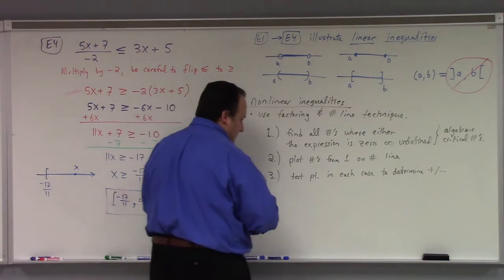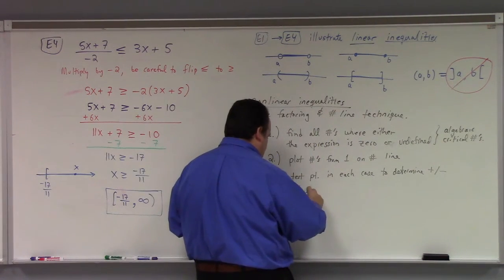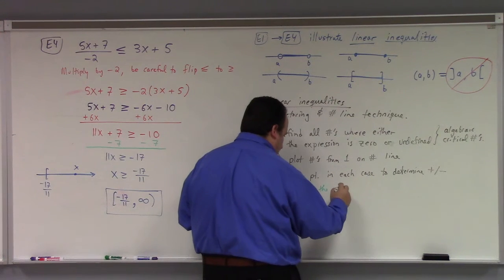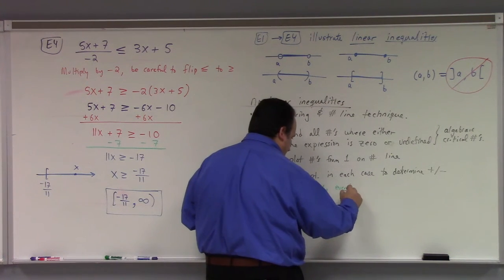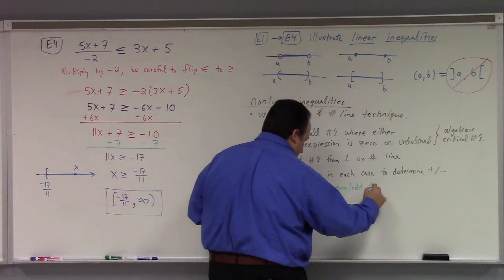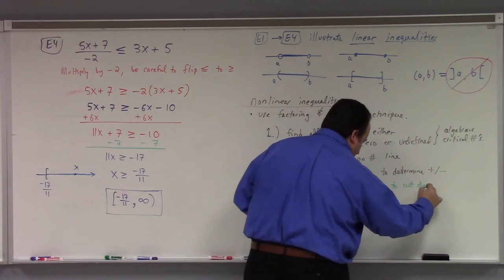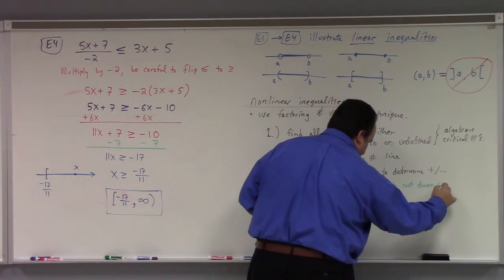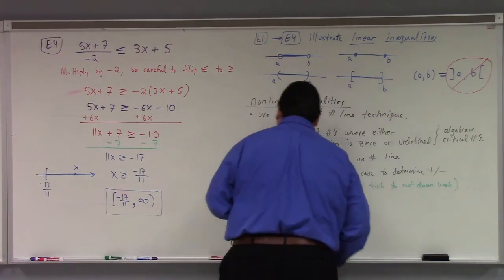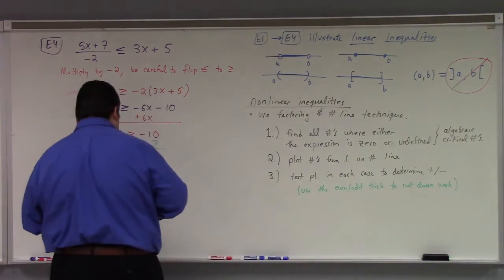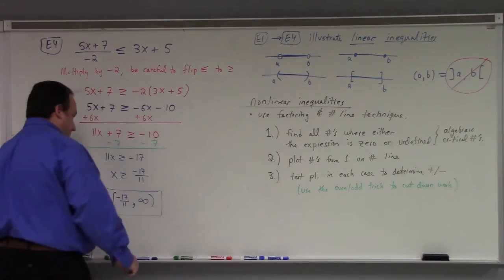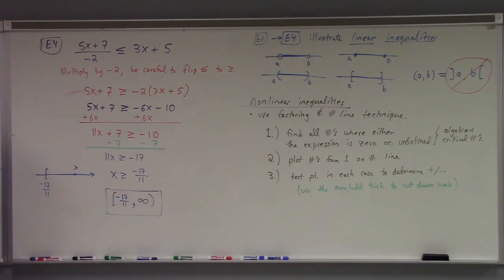And we can use the even odd trick to cut down our work. All right, that's the game plan. That's the roadmap. That's what we're going to do. Let me bring this to life with examples, okay?